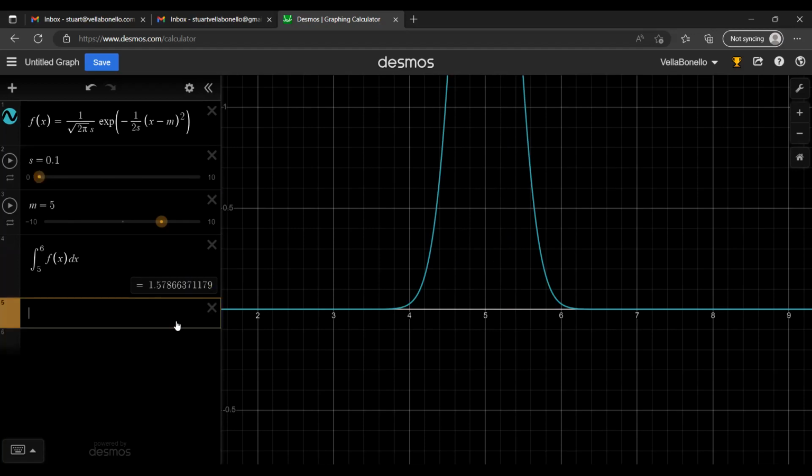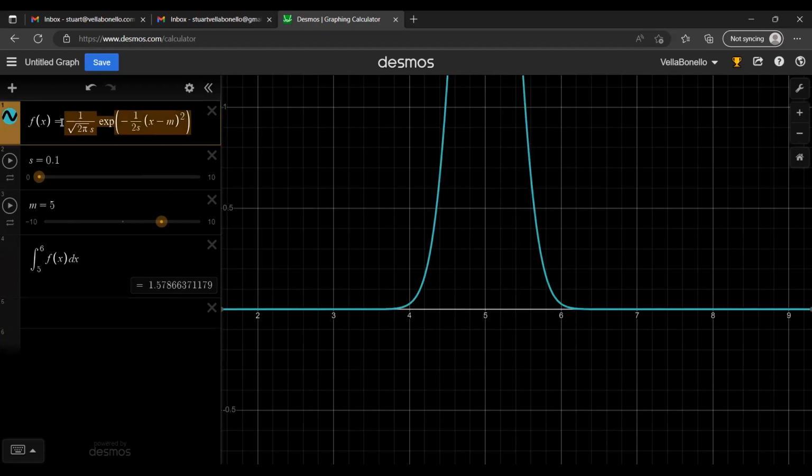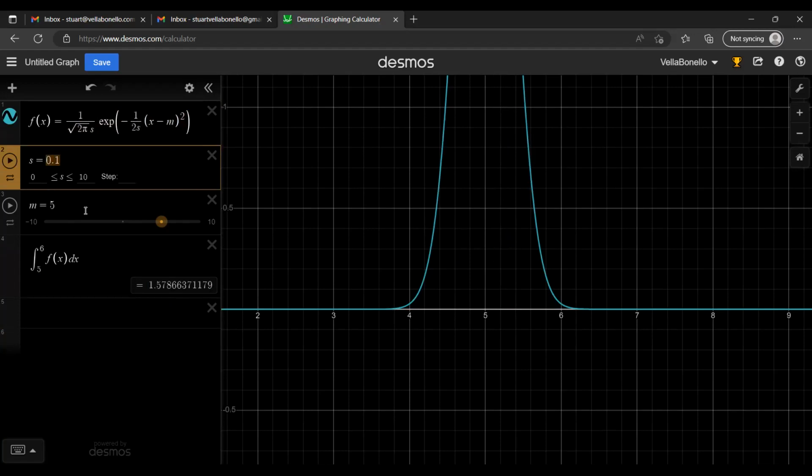How do I have this greater than 1? One second. Now either this is wrong. That's funny, isn't it? Shouldn't we have an area of 1?